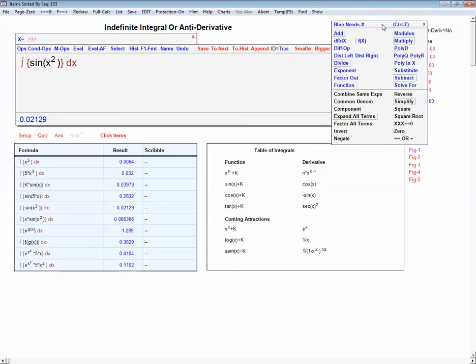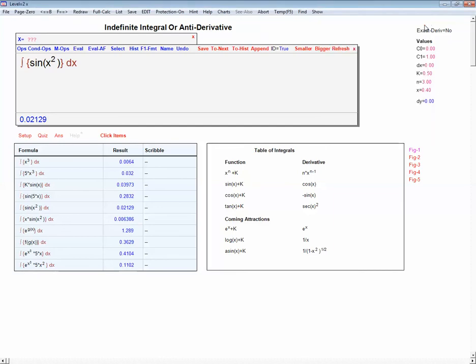Let me just see what the program is going to say about this. See if it can find any antiderivative of sine of x squared. So if I do this and it returns nothing, it leaves it the same. So that shows me that of those 100 items in the table, this doesn't match any of them. This thing doesn't have an antiderivative. There's something called the definite integral and something called numerical integration.